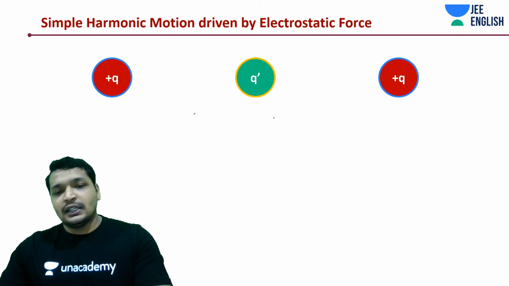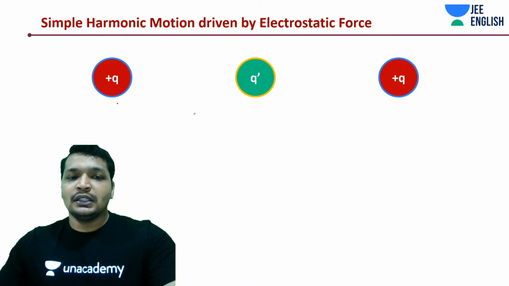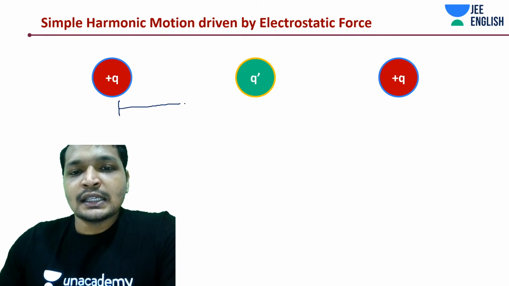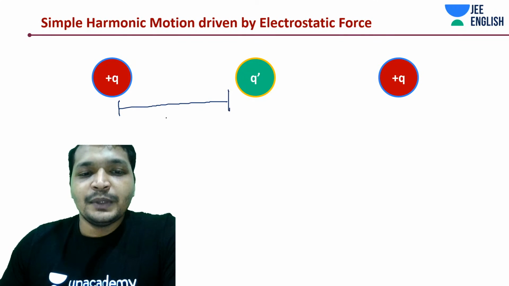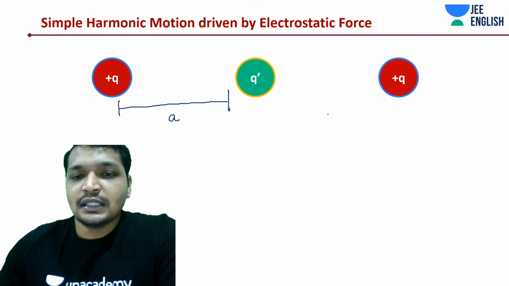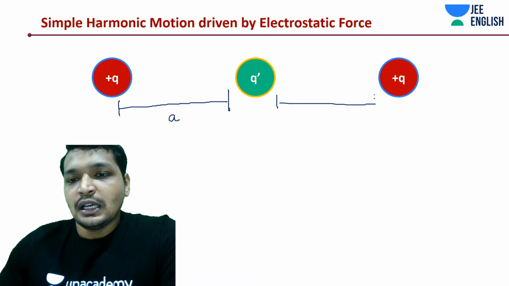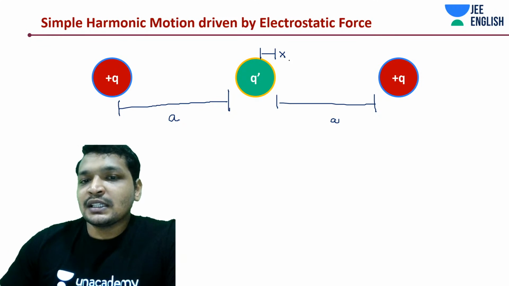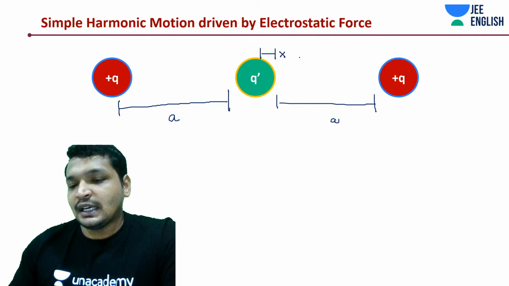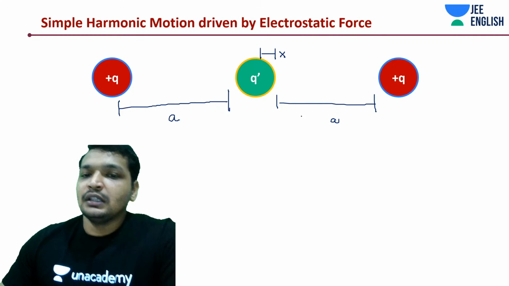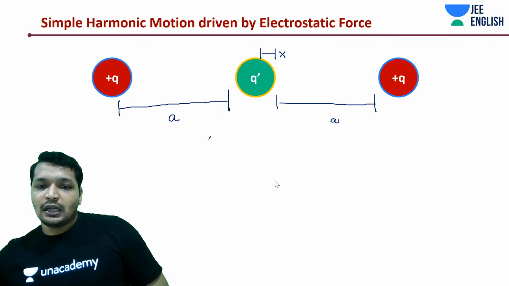And yes, in electrostatics, guys, this is something that happens. So let's say in this case, let's analyze this. This is A, this is A. This is displaced by some X. If this is displaced by some X in this direction, like what you noticed in the animation, what would happen?